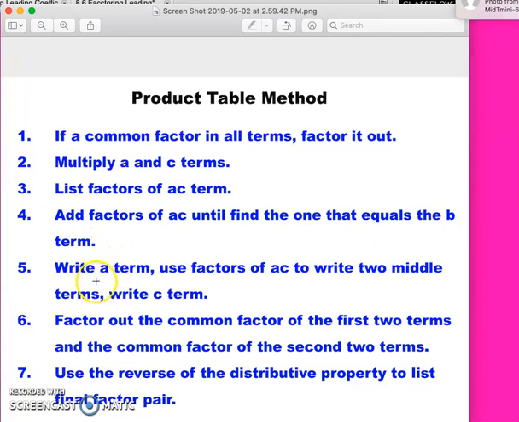But now you want to write the A term, then use the factors of AC to write two middle terms, and then you write the C term. Now you're going to factor out the common factor of the first two terms and the common factor of the second two terms, and then you're going to use the reverse of the distributive property to list the final factor pair.